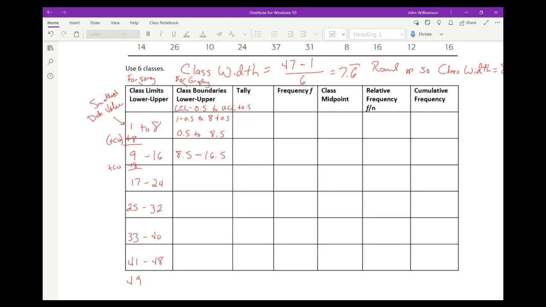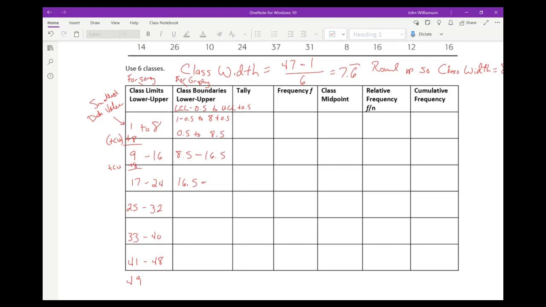So these numbers should be the same. But that also makes it a little simpler, right? Because now if you look and say, okay, this next number has to be the same as that number, right? So you don't even really have to do the math, 17 minus 0.5. You just know it's going to be the same number, so 16.5. Although if it helps you, absolutely, do the math every single time.